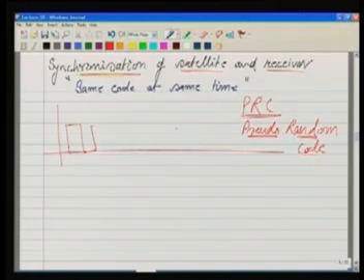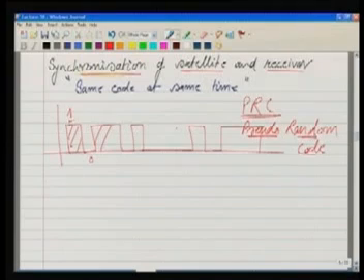So that code may look like this, or whatever. So this is, let us say, 1 and not. We can read the code as 1 not 1 1 not 1 not 1 not 1 1 1.